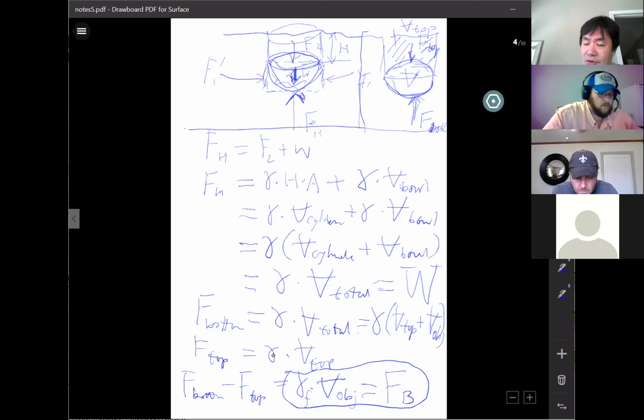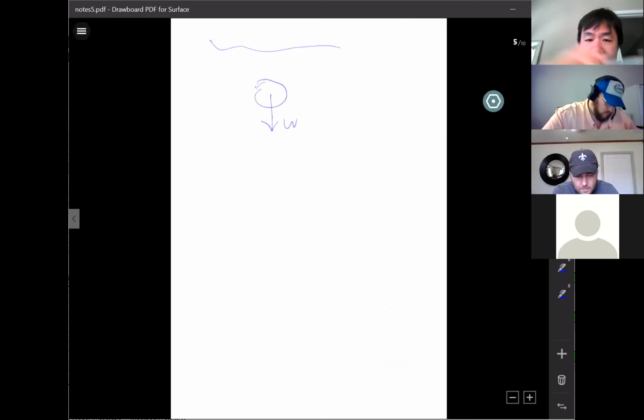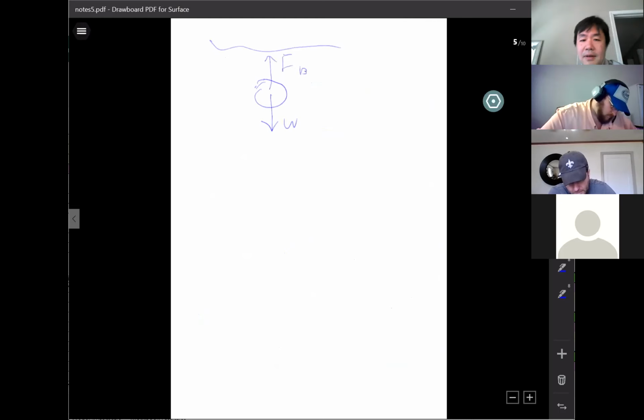So that's important. You have an object there. You always have W, the weight of yourself. You always will have the buoyancy. So it's a competition between weight and the buoyancy force. It's a competition in each case. Is it greater or less or equal?